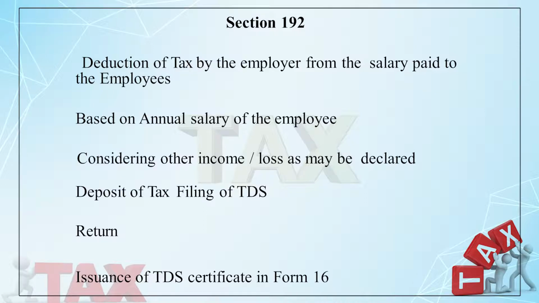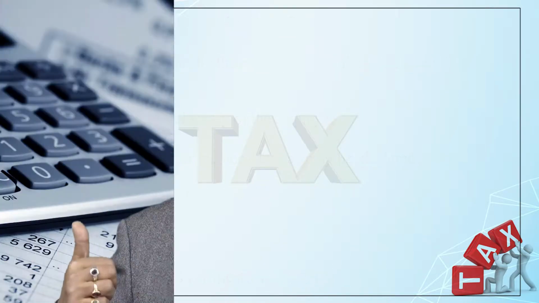The employer can take those as part of the total income of the employee and calculate the tax, deduct every month, my friends, once again, deduct every month, deposit to the government account, and at the year end give a certificate called Form 16 to the employee and submit a return to the Government of India in a particular form.